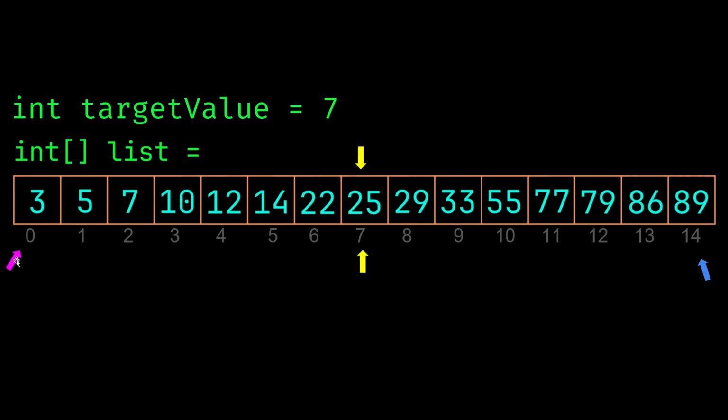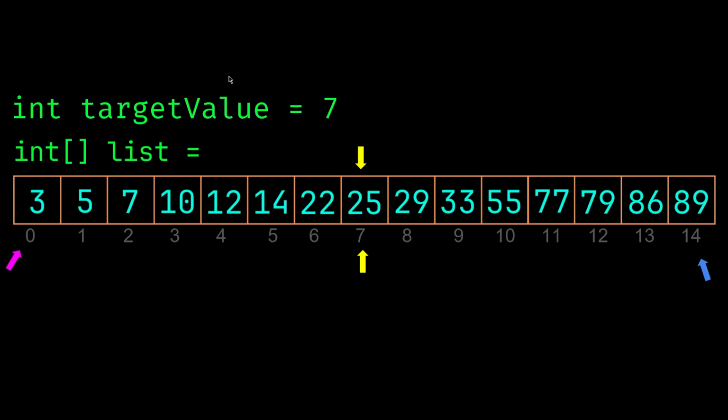To start off, our left, our low pointer is always going to be at 0, and our right one is always going to be at the length of the array -1, so the last index. The mid is going to be 0 plus the length of the array -1 divided by 2, which is 0 plus 14 divided by 2, which is 7. So our midpoint is 7.